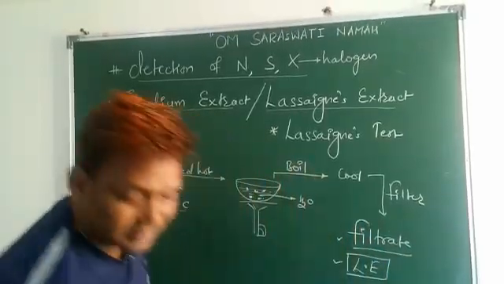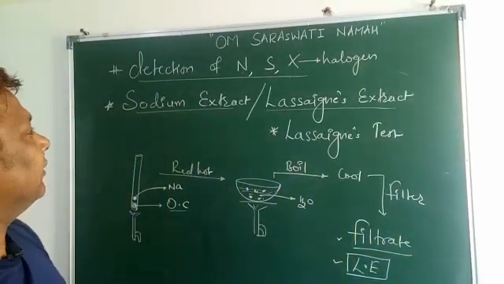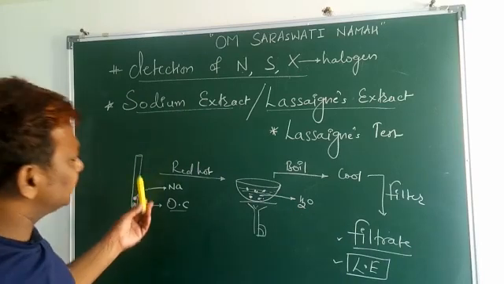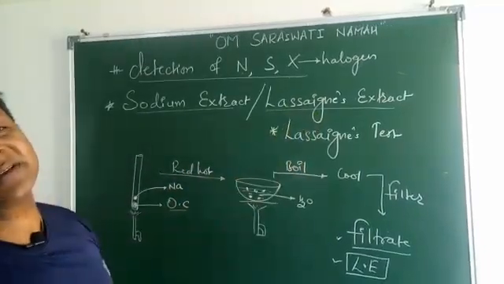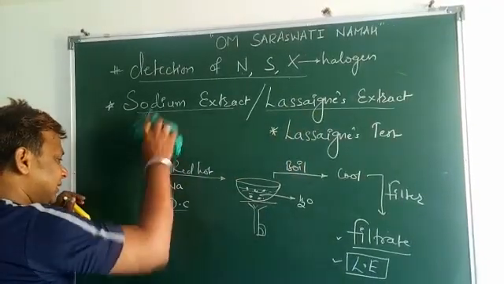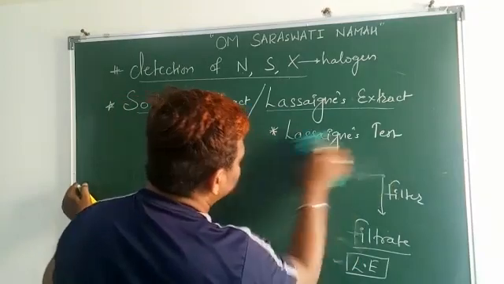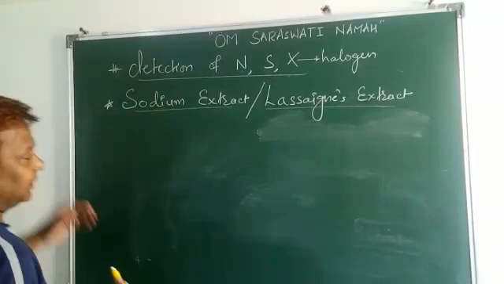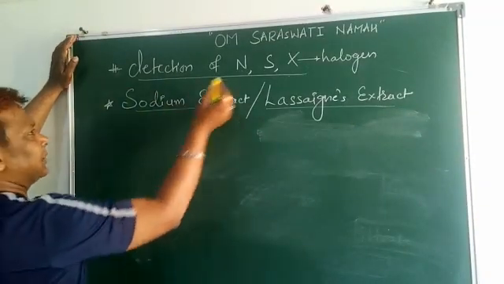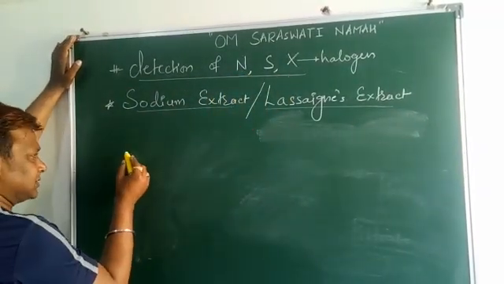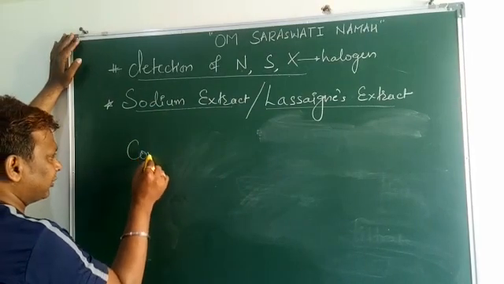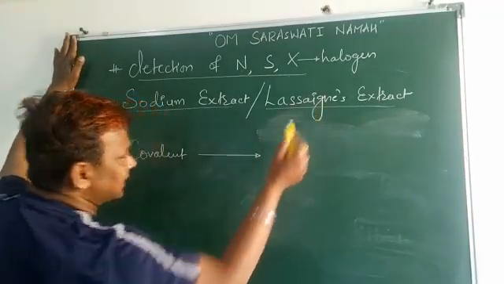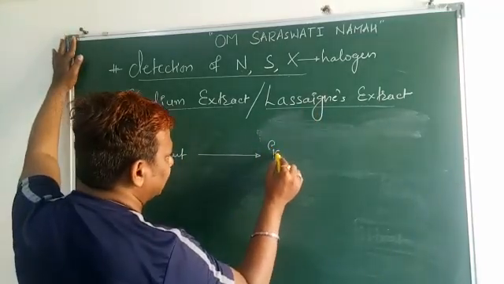Now with the help of this Lassaigne extract, we are able to detect these elements in the organic compound. But one more point I want to tell you. What is the principle behind preparing the Lassaigne extract? The principle is that whatever element is present in the organic compound is in the covalent form, and this covalent element, while preparing the Lassaigne extract, will be converted into its ionic form.